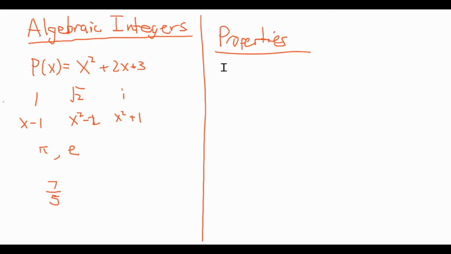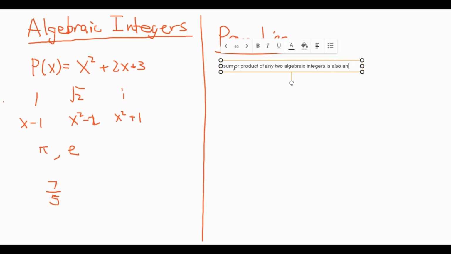So, our first property is that the sum or product of any two algebraic integers is also an algebraic integer.